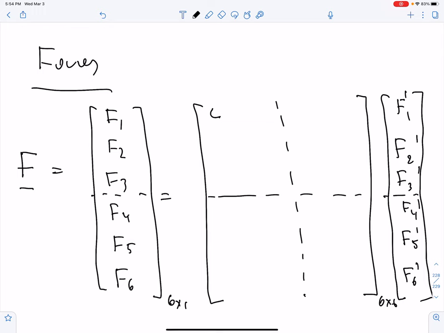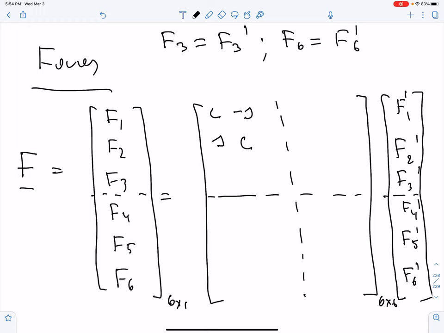So I have a cosine here, a minus sine here, a sine here, and a cosine here. The same reasoning goes for the moments as for rotations. Rotations in the global coordinate system and in the local coordinate system are the same, and the same goes for the moments. So there's no reason why a relationship like this shouldn't hold. Again, no reason to complicate things further.